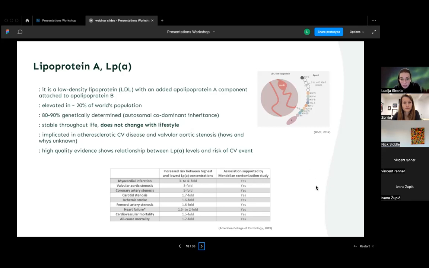And as you can see from this table, there are quite strong associations between higher lipoprotein A levels and events ranging from myocardial infarction to coronary artery stenosis, for example, cardiovascular mortality, and even all-cause mortality.